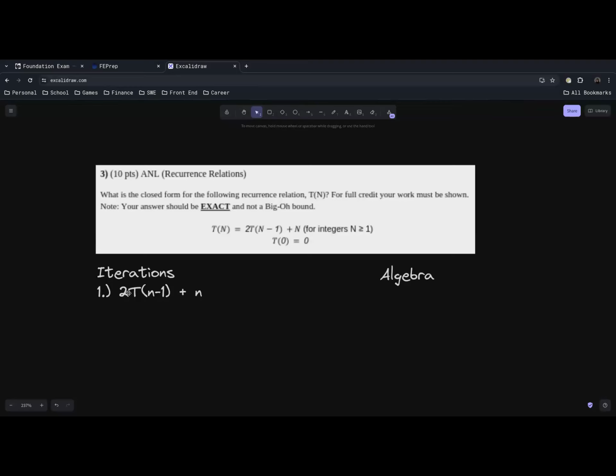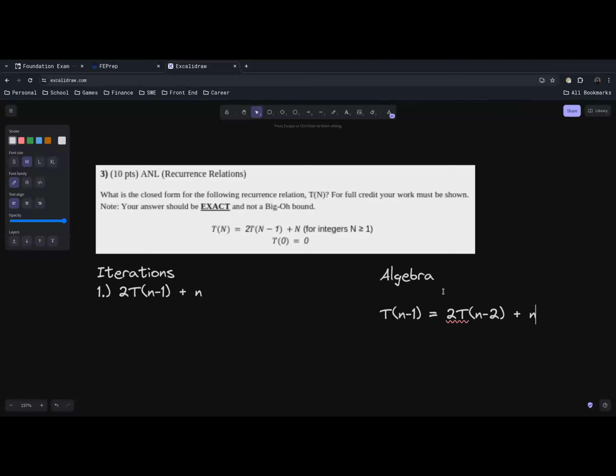What is T(n-1)? Well, fortunately for us, we know. T(n-1) equals 2T(n-1-1), which is n-2, plus (n-1). I'm going to wrap this in parentheses just to make it easier to identify the n term.